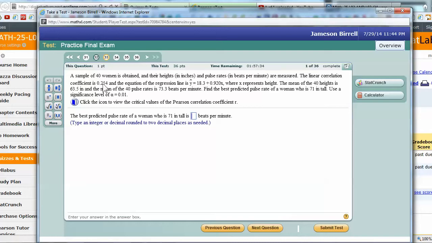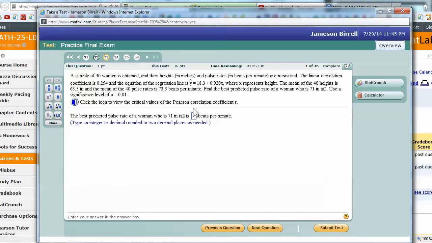The linear correlation coefficient is this, and the equation for the regression line is this, where x represents the height. So you're predicting the pulse rates. The mean of the 40 heights is this, and the mean of the 40 pulse rates is this.